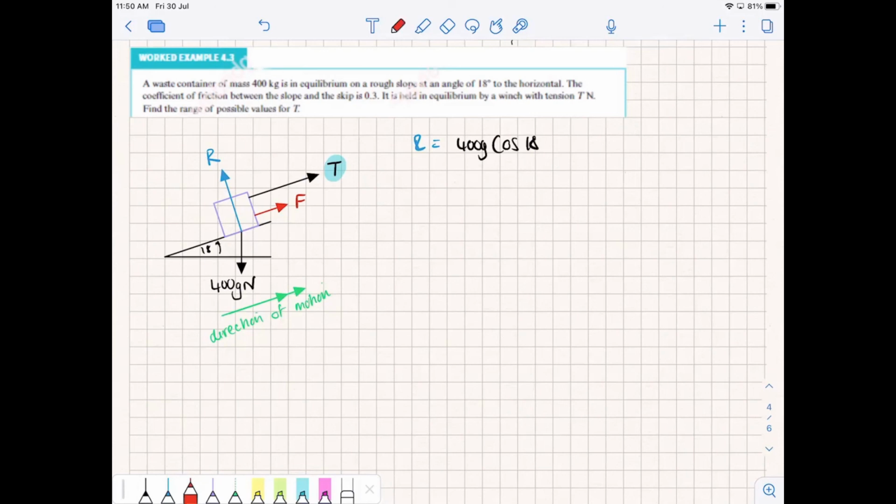And if we want to resolve for the tension force, we can see the tension and the friction force are acting in the same direction. So we need to find the friction force. To find friction, we will use the coefficient of friction and the resistance force, or the contact force, that you just calculated.